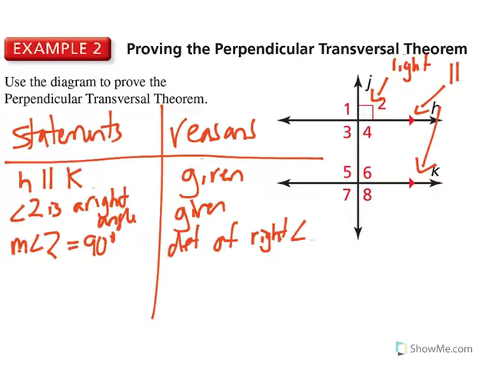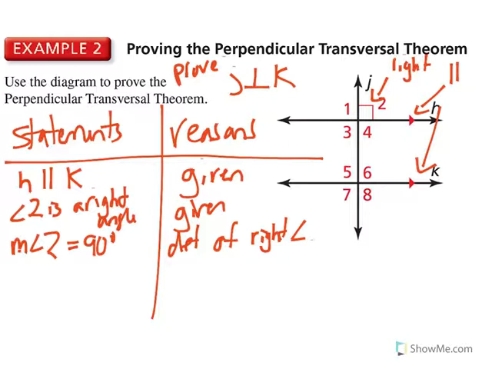So we need to prove that J is not only perpendicular to H, okay, here we already have that. We can look at this picture and know that J is perpendicular to H. But we want to prove that J is also perpendicular with K. So we're trying to work to where we can say J is perpendicular with K.